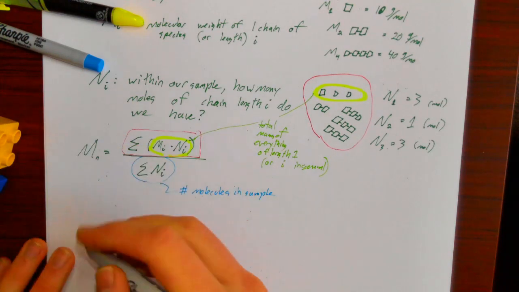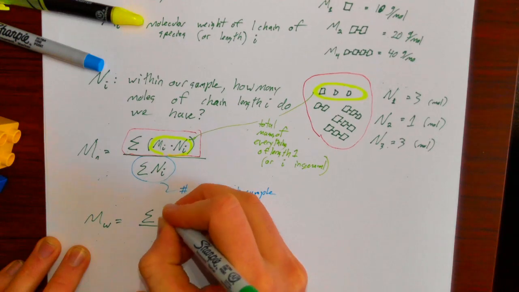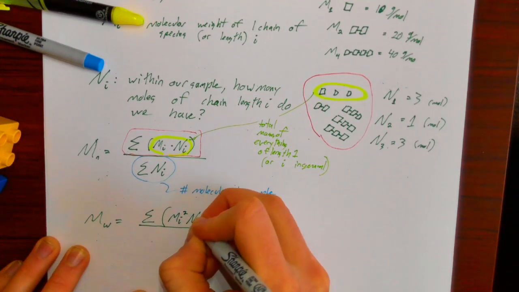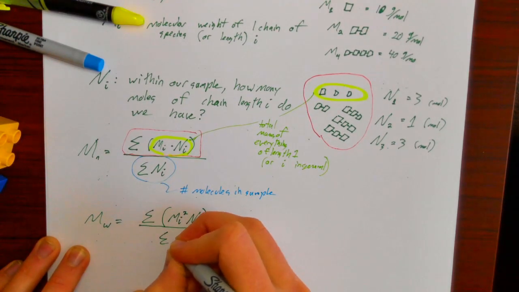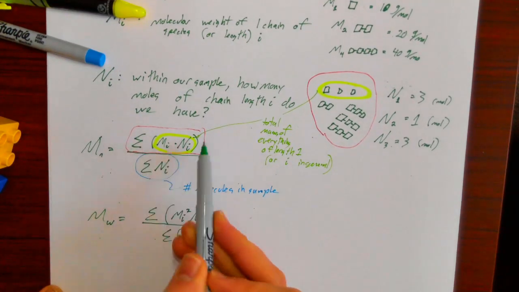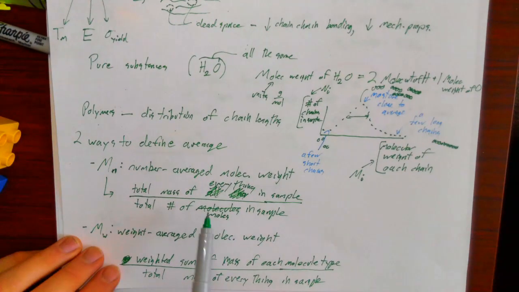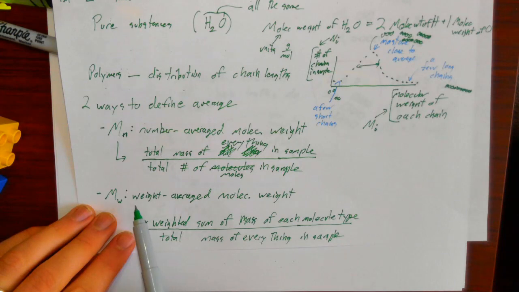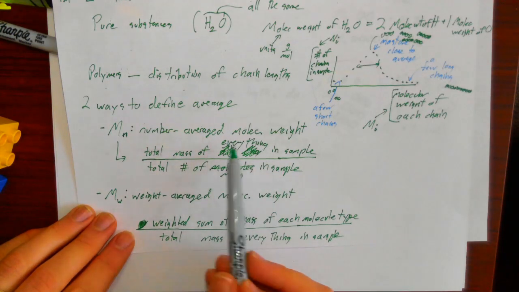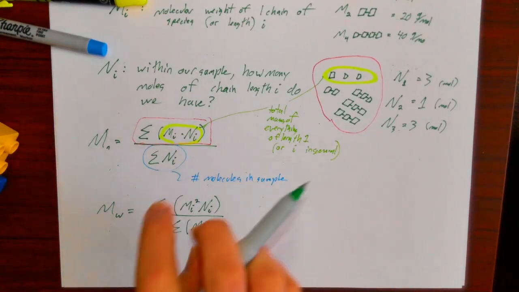So M sub w is equal to the sum of M sub I squared times N sub I, divided by the sum of M sub I times N sub I. If you remember, the total mass of everything in the sample is the numerator for M sub n, and it's the denominator for M sub w. So that's why these look the same.